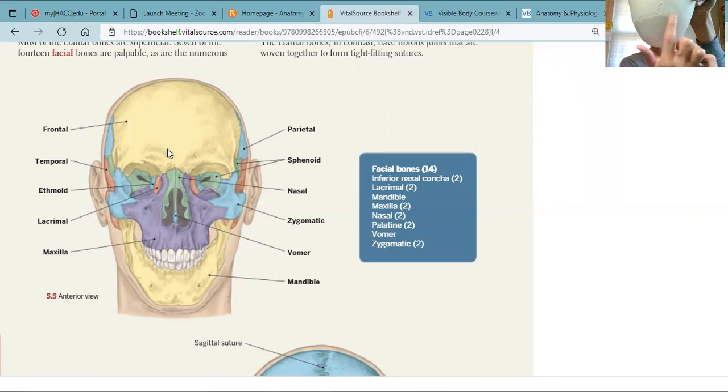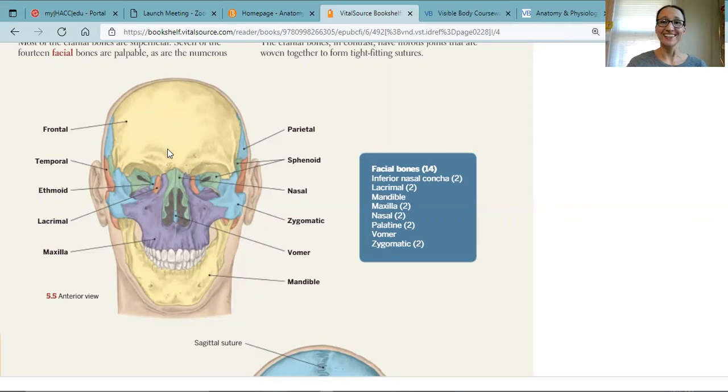And here is the suture you see on the screen that connects the frontal bone to these two bones right here. This suture is the coronal suture, which you may have remembered from way back in the beginning when we were talking about med terms and the meanings of things, and we were talking about planes, right? Remember, the coronal plane divides the body into front and back portions.